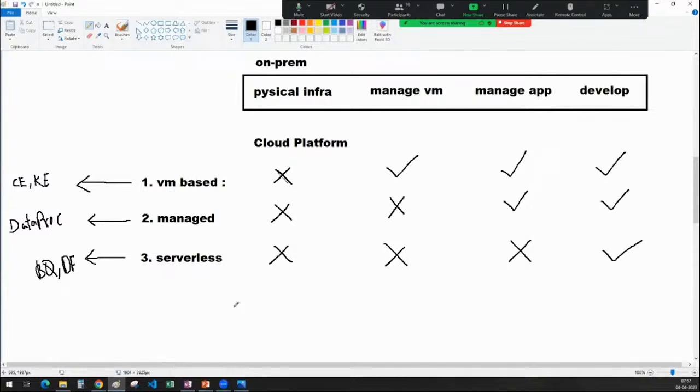Okay, when you talk about managed services, the cost will be okay, and you have to manage some amount of things like managing the application. So there is some burden on you in managing the application. Your team has to take care of managing the application. But when you go to serverless, your team need not worry about application management because you can directly go for the development. All other things like physical infrastructure, managing the virtual machine, managing the platform will be taken care of by the cloud platform itself.